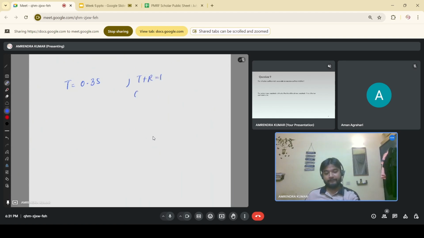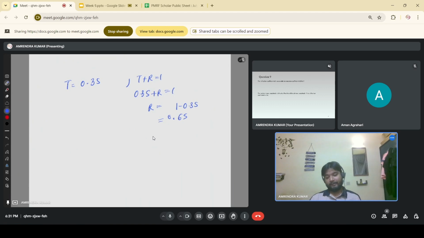So if T is given as 0.35, then the reflectance R will be 1 minus 0.35. That means 0.65, or 65%, right? The reflectance. So when the surface is very reflective, the reflection is 0.65, so it's majorly a reflecting surface rather than a transmitting surface.